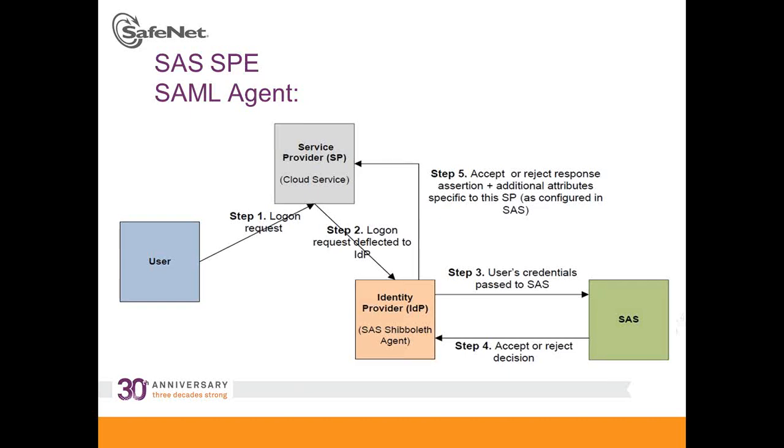Step three, the user's credentials are passed to SAS. Step four, based on the credentials being correct or not, you get an access or reject. And in step five, the access or reject response assertion plus additional attributes specific to the service provider, as configured in SAS, are sent back to the service provider.